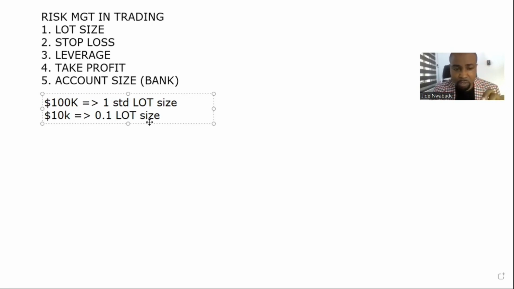This is the recommendation. And if you're using a 1K trading account, you're supposed to use 0.01. Please, who among us here actually obey this?